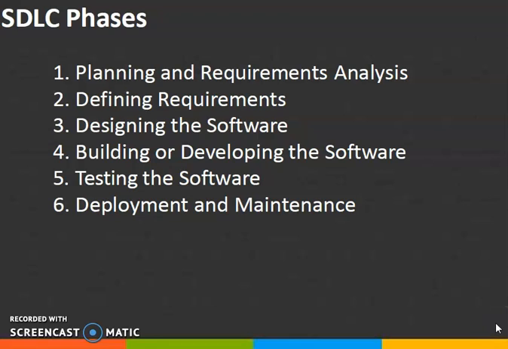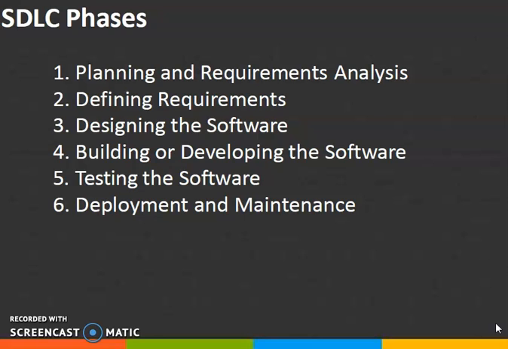So planning and requirement analysis: for the purpose for which the particular system and software is developed, what are all the requirements of the new system? Then you have to define the requirements, the second step. Designing the software based on the defined requirements is the third step.